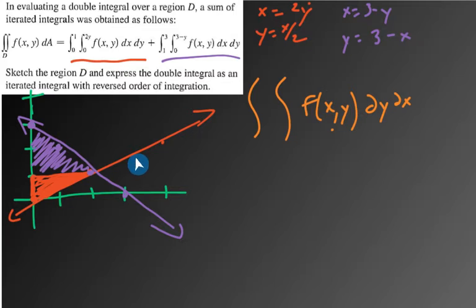If you think about what this was, that came from this right here. So we need y equals x minus 2 on the lower bound, and then this one for the upper bound, so 3 minus x. And then we go 0 to 2. So for the x stuff, we're just doing 0 to 2.